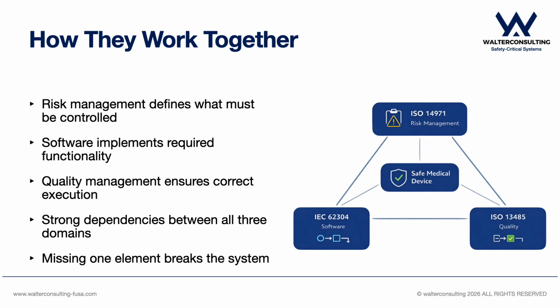Now here is the key question. What happens if one of these elements is missing? If risk is not defined, you don't know what to protect. If software is not controlled, you cannot ensure correct behavior. If processes are missing, you cannot guarantee consistency. This is why all three standards must work together.